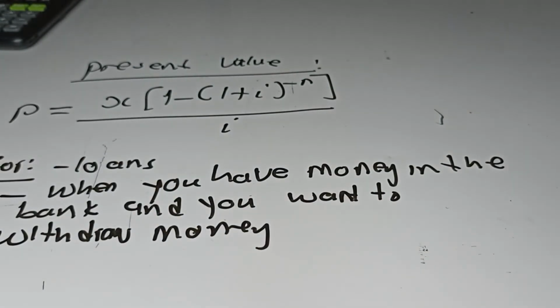So there's nothing much when it comes to the present value. You just have to know that it deals with loans, or if you have money in the bank and want to withdraw the money as well. That is where you can go with the present value.